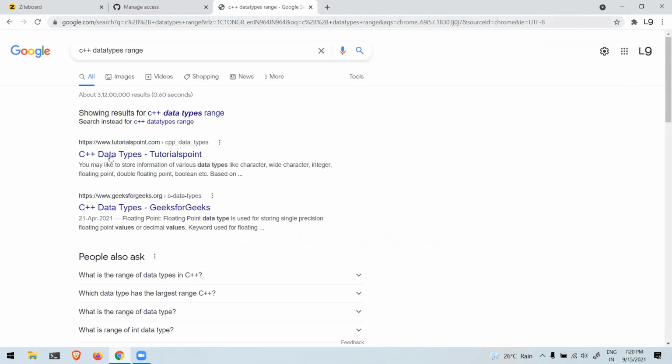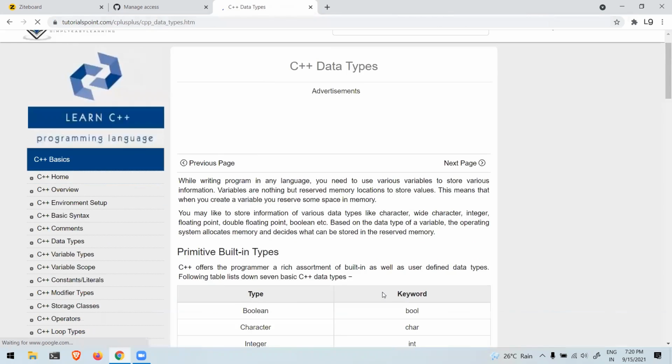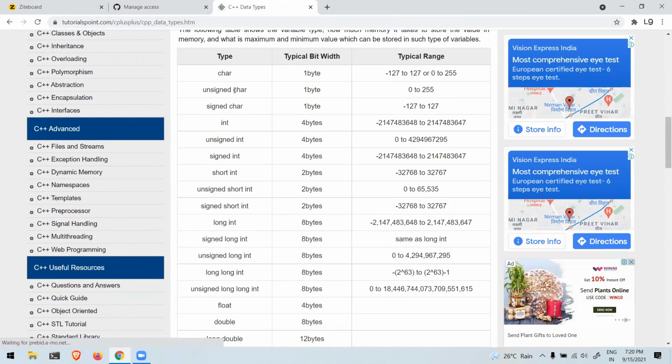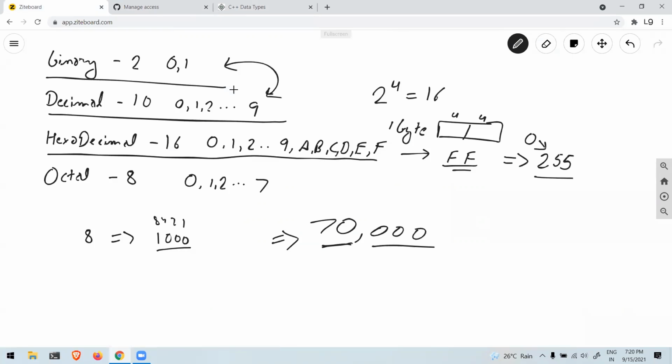Let's go to probably any website should work, till the time they give us a table like this. Yeah, this is what I'm interested in. So when you're storing data inside a computer system, you can have 2 kinds of data, as I see it broadly. One is numeric data and one is non-numeric data. When I say numeric data, numeric again means 2 kinds of data.